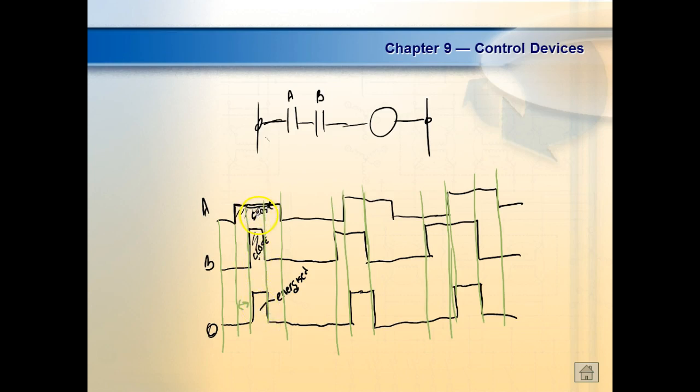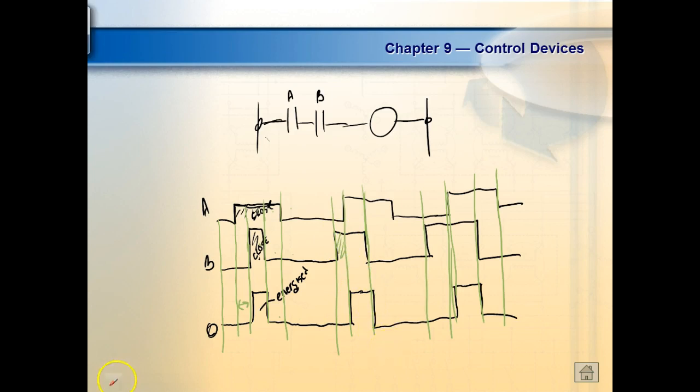So the only time the output is energized is when both A and B are closed, so the relay would be energized. Here A is closed, but B is not closed, so the output would not be energized. Here A is not closed, B is not closed, so the output would not be energized. So the only time the output is energized is when what? When they're both closed.